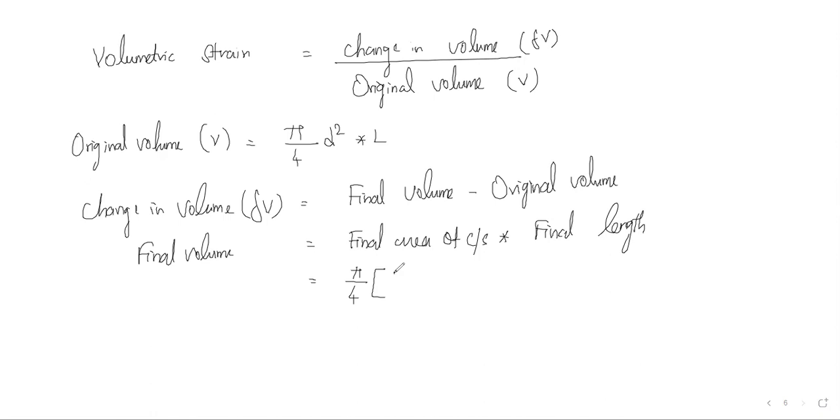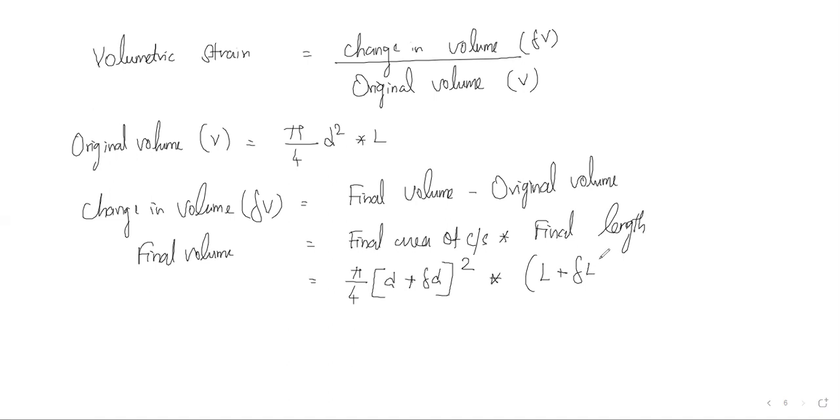Okay, so d plus del d the whole square, pi by 4 multiplied with the final length. Final length is nothing but original length plus change in length.